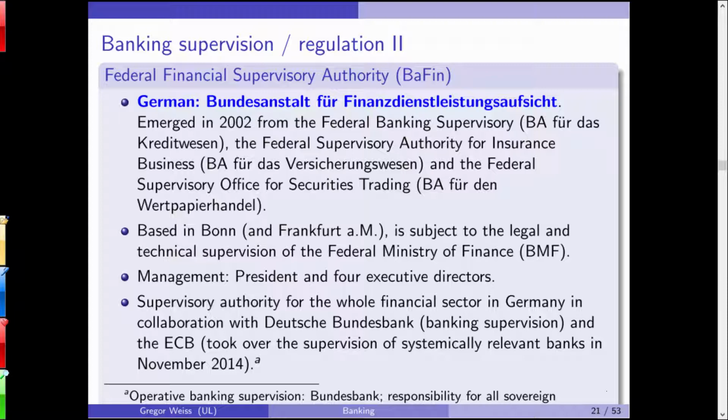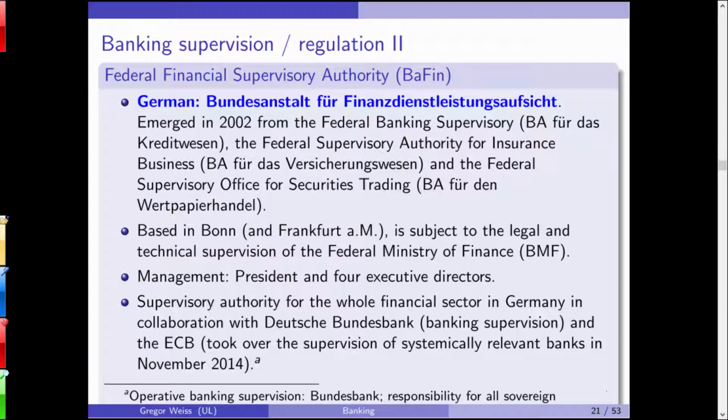Back 10 or 20 years ago, in many countries, you had supervisory authorities for the banking sector, the insurance sector, and also for stock exchanges. This was the case in Germany as well, and we had the Federal Agency for the Supervision of the Banking Sector, the Insurance Sector, and for the Stock Exchange and Securities Trading. Now we've merged all these three offices into one Financial Supervisory Authority, and this is the BaFin now.